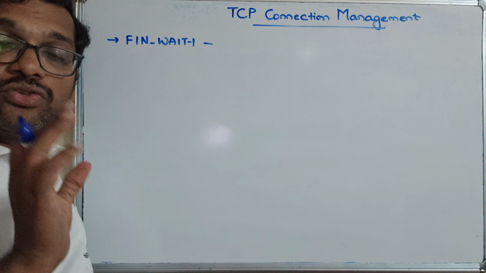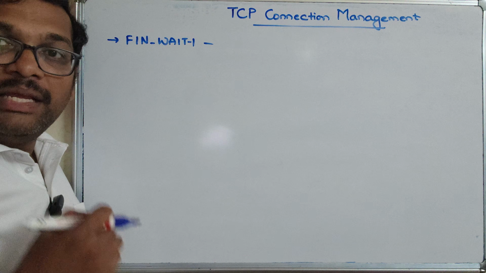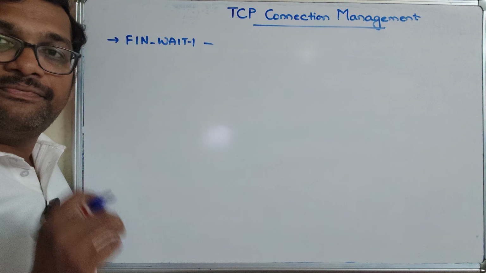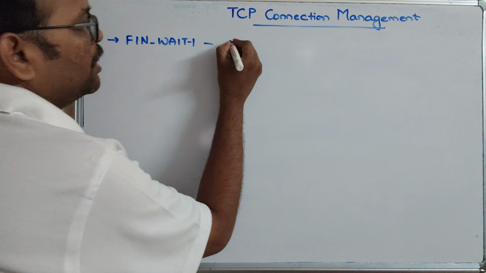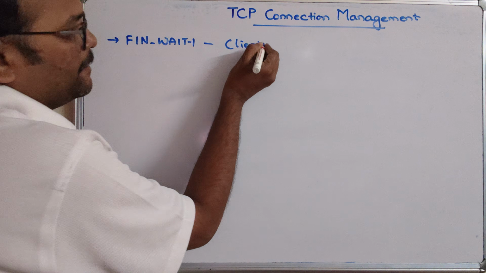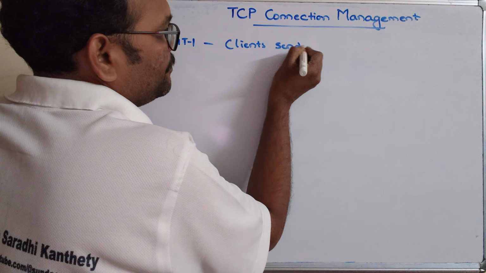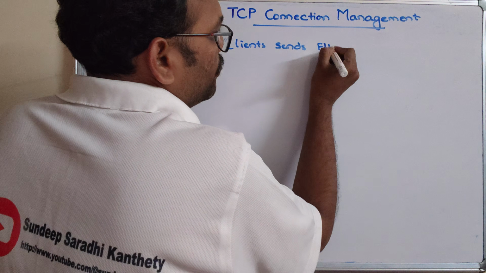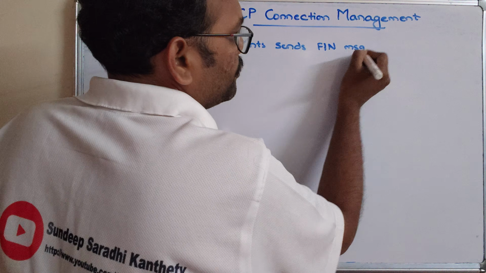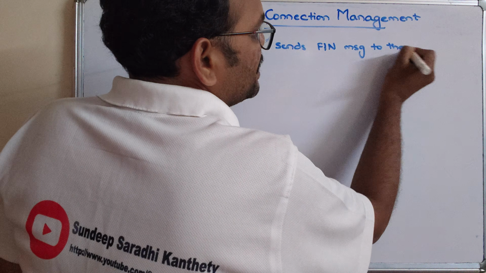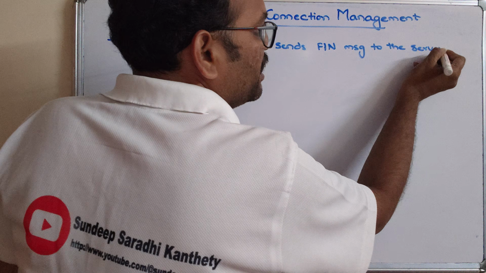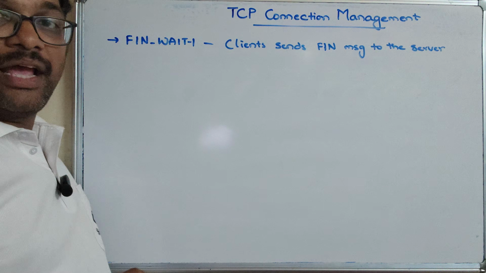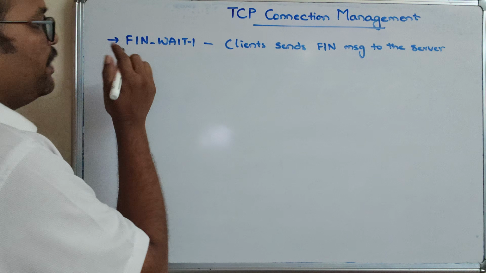Whenever the client wants to stop communicating, immediately the client will send the finish message to the server, and it will be in the waiting state. The client immediately goes to the waiting state.